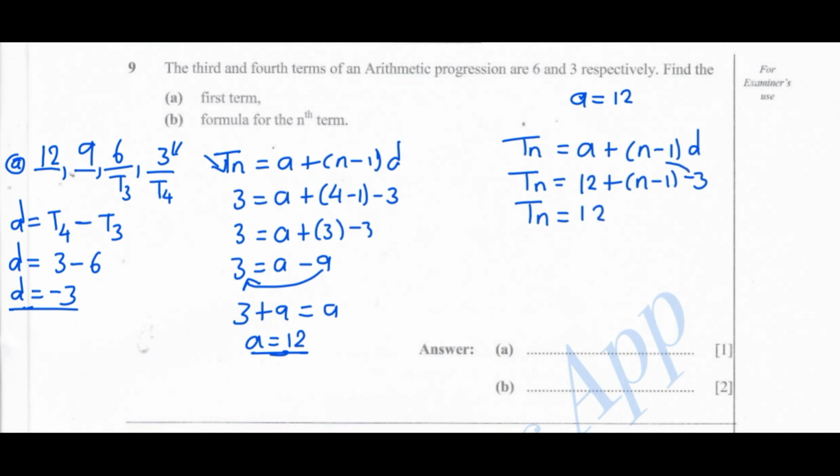This negative 3 multiplies n, giving us negative 3n. Negative 3 times negative 1 gives us positive 3. Then we collect the like terms: 12 plus 3 minus 3n. Then Tn is equal to 15 minus 3n. So this is our final answer.